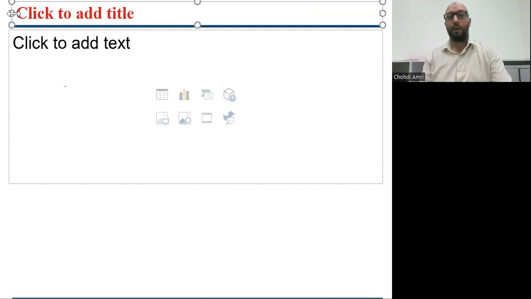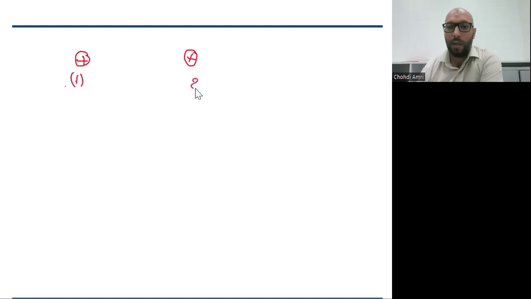Good. Let's start to solve. But at first, let me draw the two alpha particles. An alpha particle is a positive particle, interacting with another alpha particle. Let's say this is particle number 1, and this is particle number 2. It's the same particle. The question compares the electric force and the gravitational force. You see here that we have two positive alpha particles, so the force between them is repulsive.